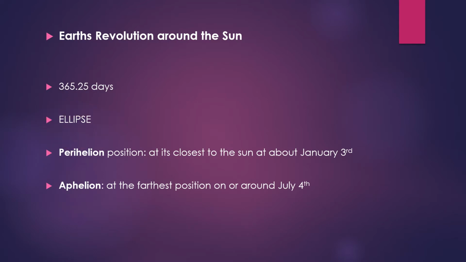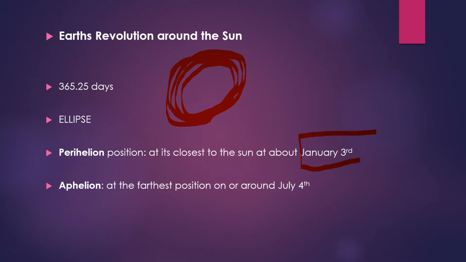Two important dates are perihelion and aphelion. In those 365.25 days of our revolution around the sun, we're closest to the sun on January 3rd, and furthest away on July 4th. That's weird, right?